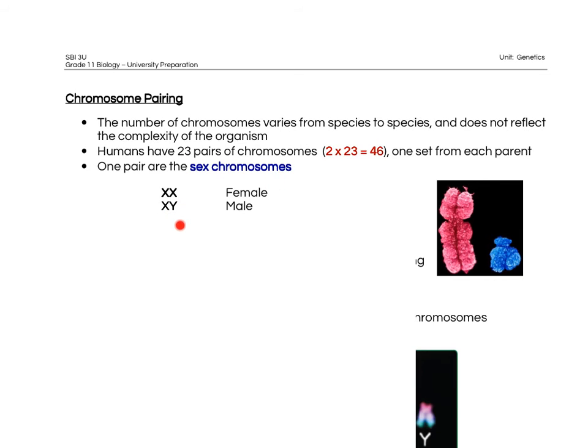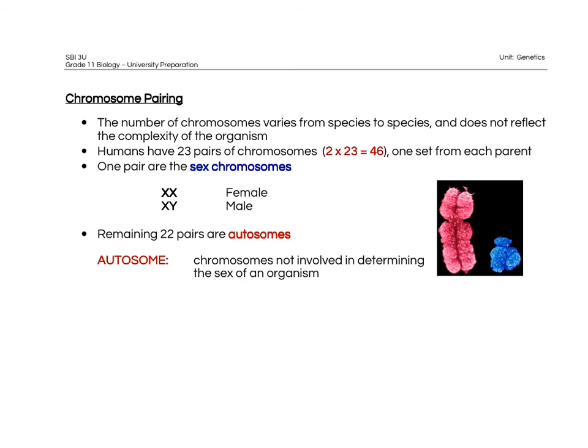If you have an X and a Y, then you are male. I believe this is just under a microscope or some kind of really intense microscope. This would be a male set of chromosomes, because you can see here's our X, and then this is what the Y would look like. It's sort of like a truncated X.